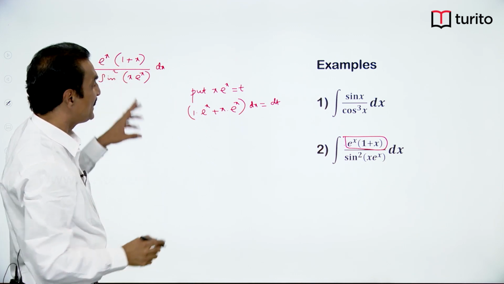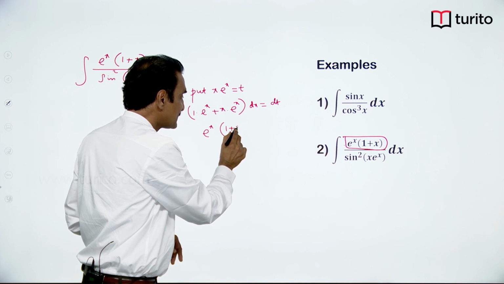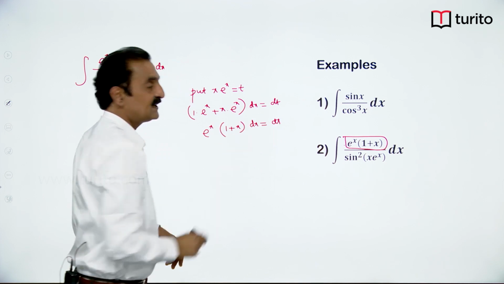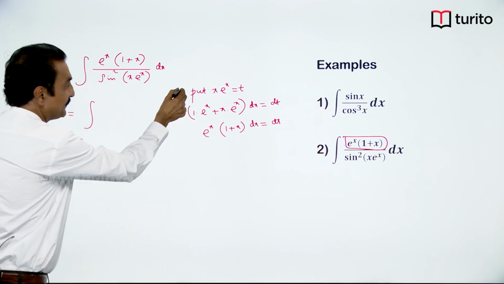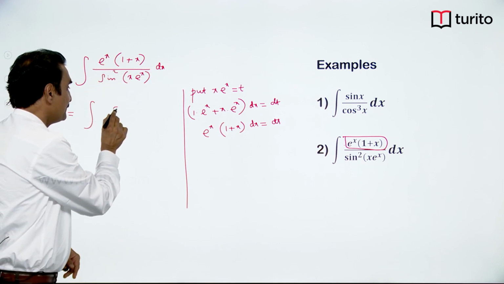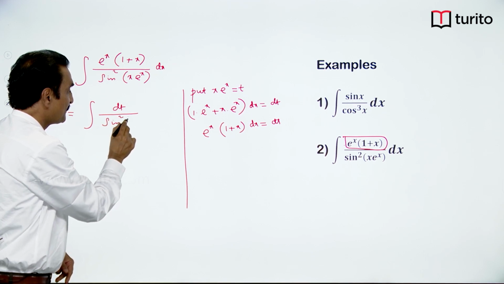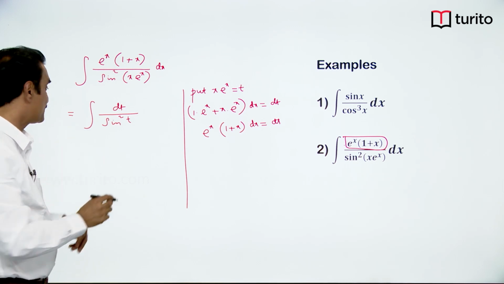Then this numerator becomes dt, e power x into 1 plus x dx is equal to dt. So, it becomes integral dt by sine square t. One by sine square t is cosecant square t.